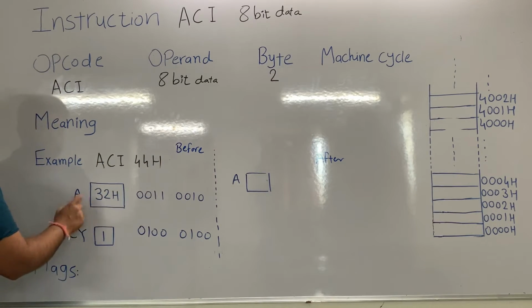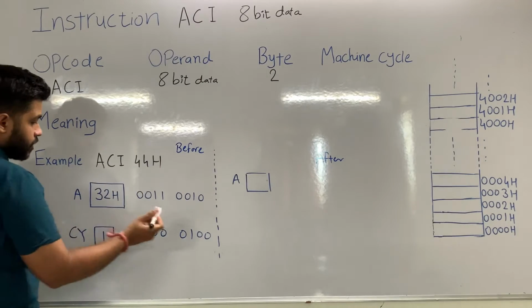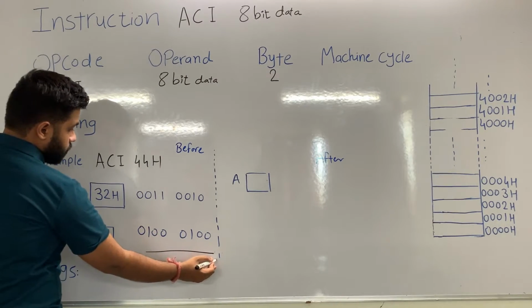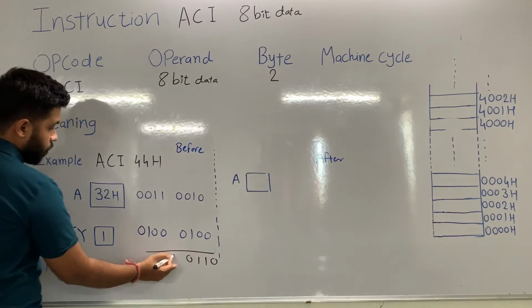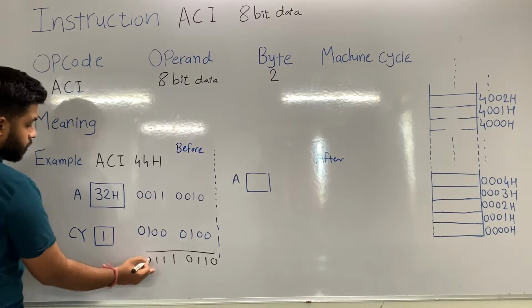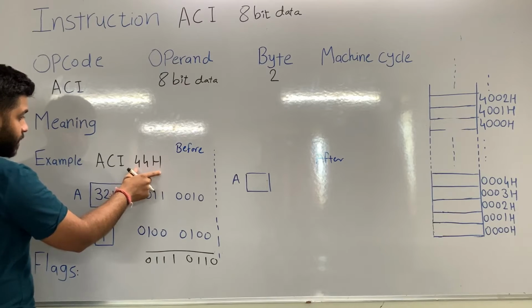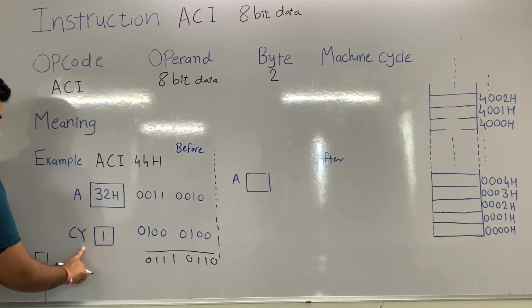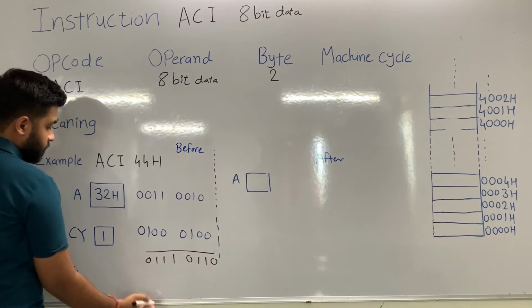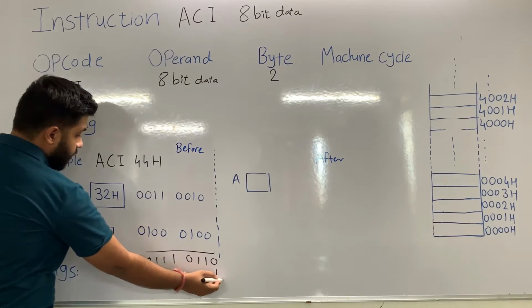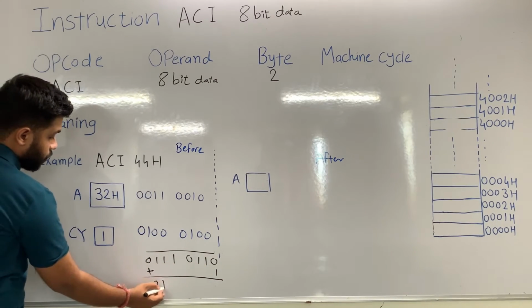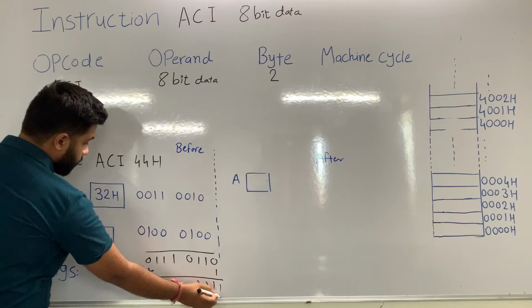So let's add the content of accumulator and 44H. So 0 1 1 0 1 1 1 0. Add content of accumulator with 44H with carry. So in this answer, the carry will be added, and we will get 0 1 1 0 1 1 1 1.